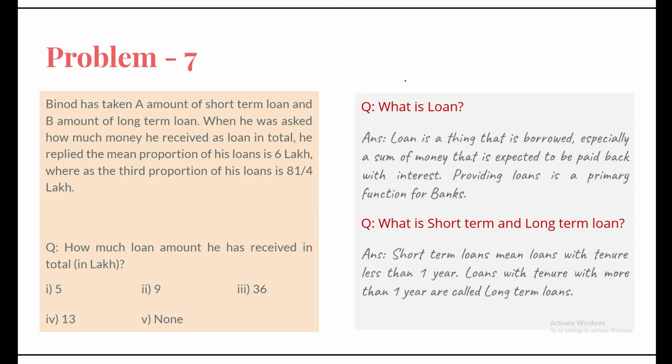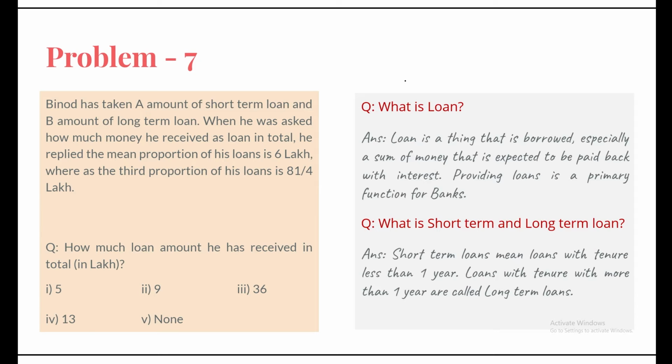It can be an individual person or a commercial company. So loan means the amount of money borrowed from a bank or some other financial institution, which they have to give back with some extra amount. So this is a primary function for a bank.